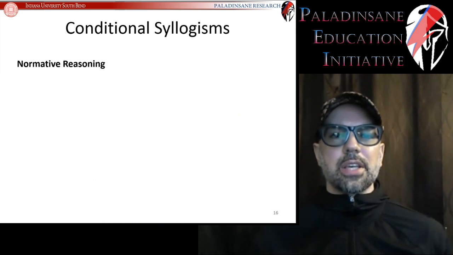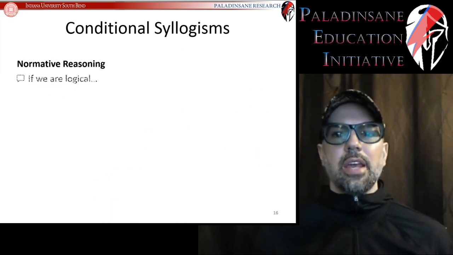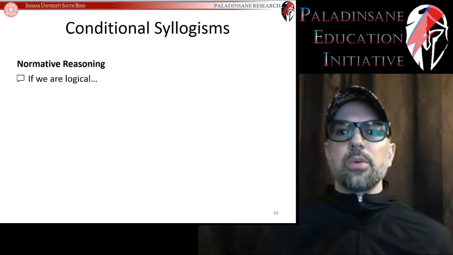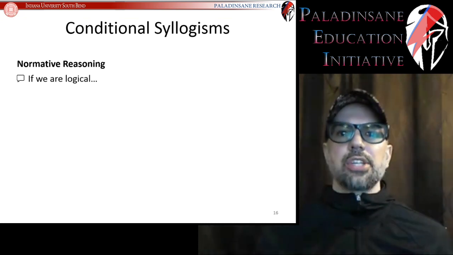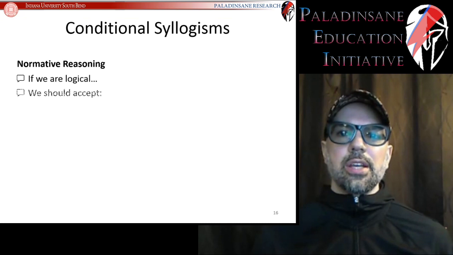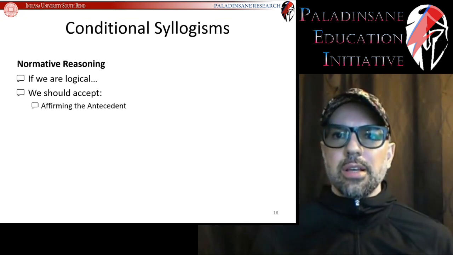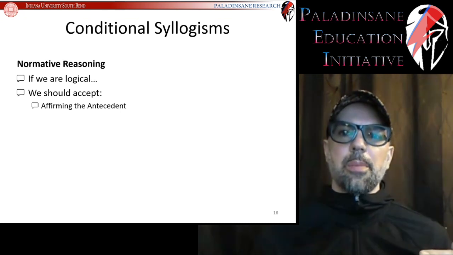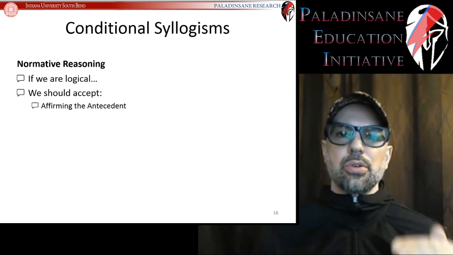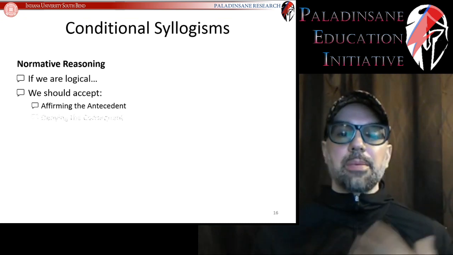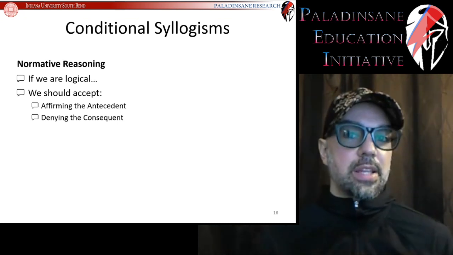All right, so in terms of the conditional syllogisms, if we reasoned the way we're supposed to, according to logic, then we should accept arguments that are affirming the antecedent. So that three-step argument, if P then Q, P is true, therefore Q is true, we should accept that one. We should accept denying the consequent. We should reason that way.